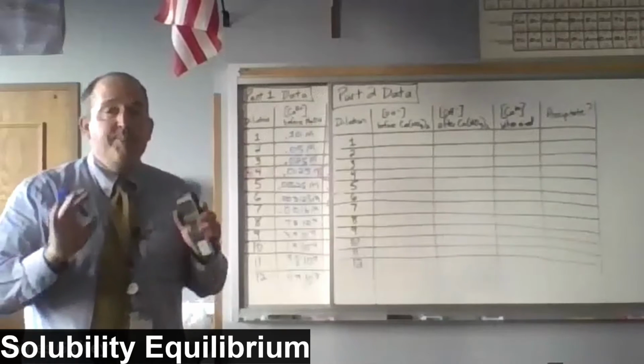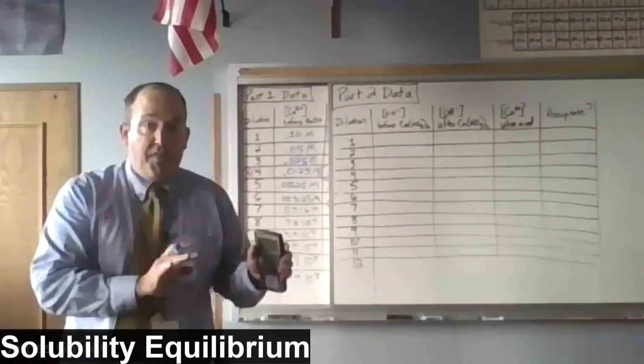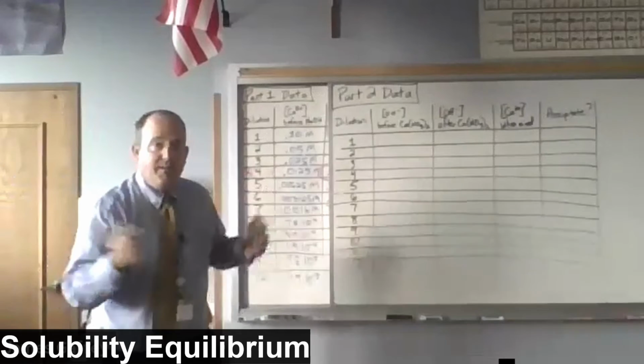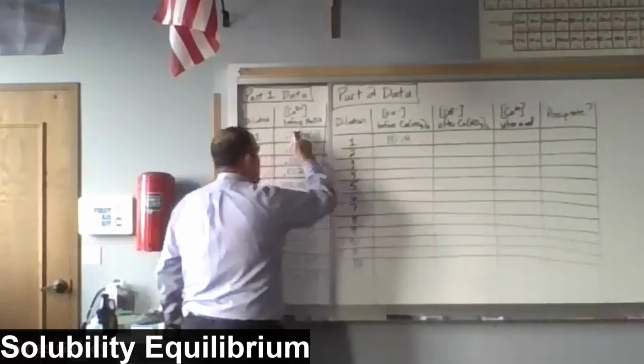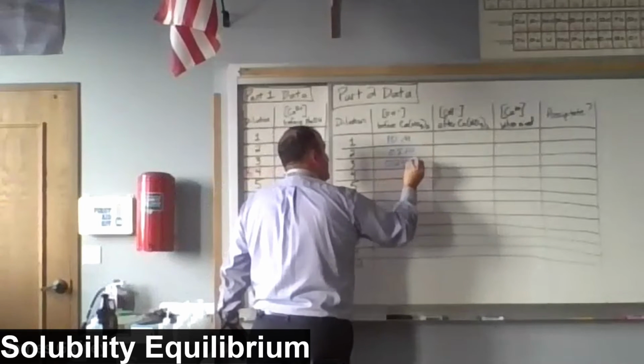The reason you can do that is the initial concentration for both the calcium solution and the hydroxide solution was 0.1, same concentration initially. So I'm actually just going to copy column 1 from the first data table to the second data table.